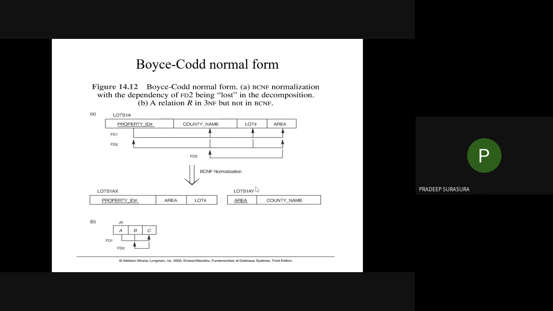In that sense, I have to decompose the relation to satisfy BCNF. So I will break it like this: property ID, area, lot number in one table, and area determining country name in another table. So lots 1A X, lots 1A Y.